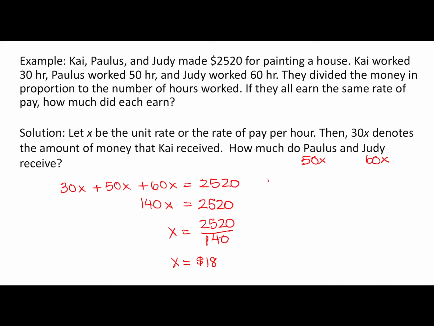And so if I want to know their total, I need to multiply. So Kai got paid 30 times 18, or $540. Palace got paid 50 times 18, or $900.